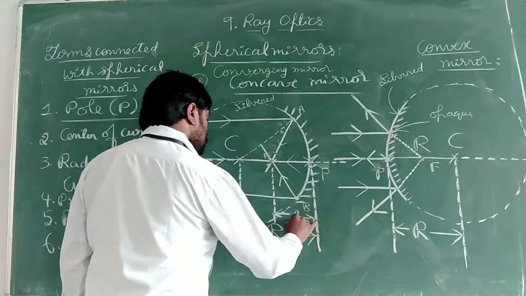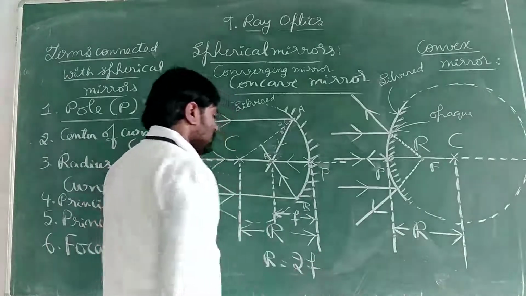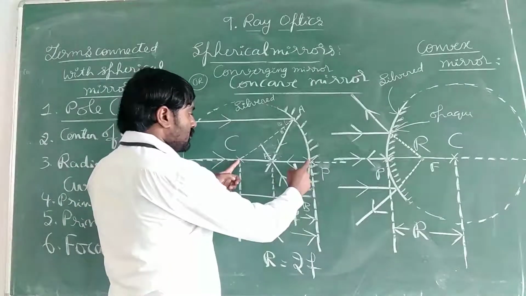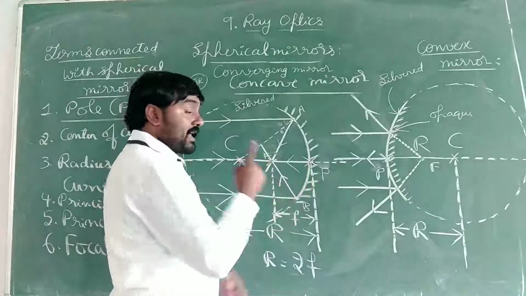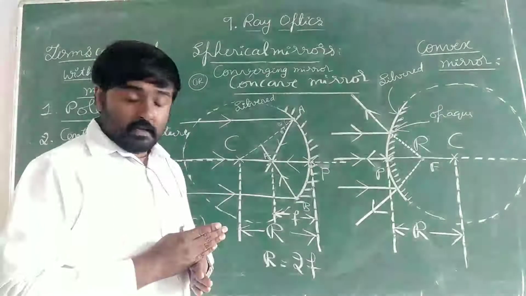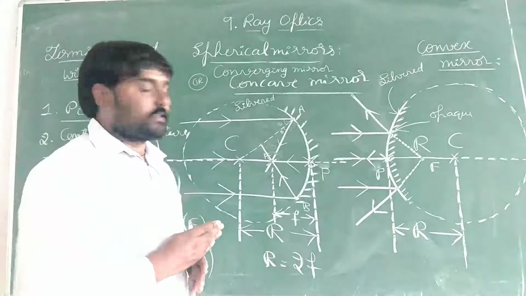Radius of curvature is twice the focal length. For example, if the radius of curvature PC is 4 cm, the focal length is exactly equal to 2 cm. Focal length is half of the radius of curvature.